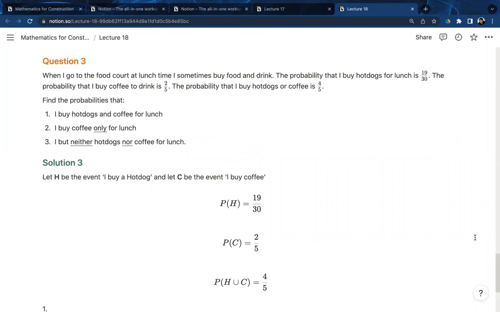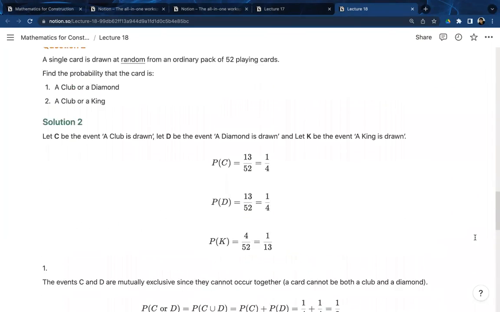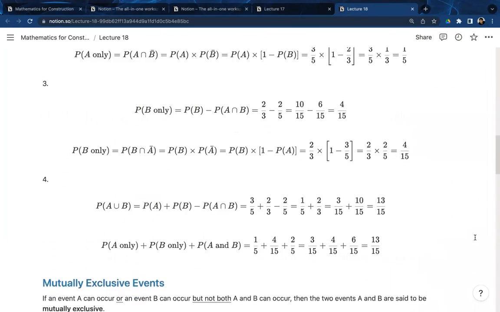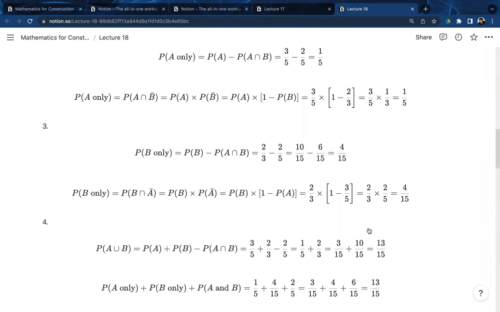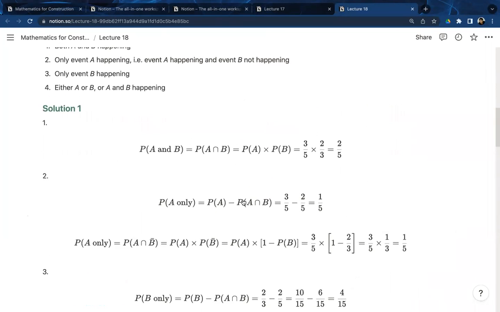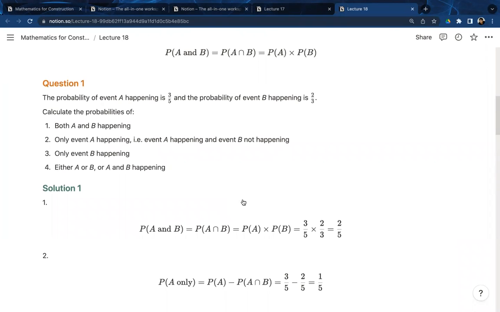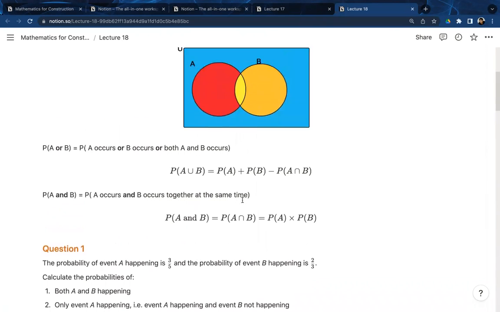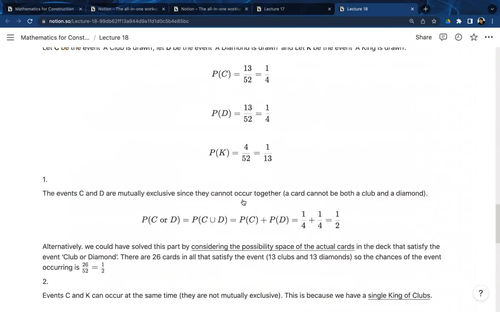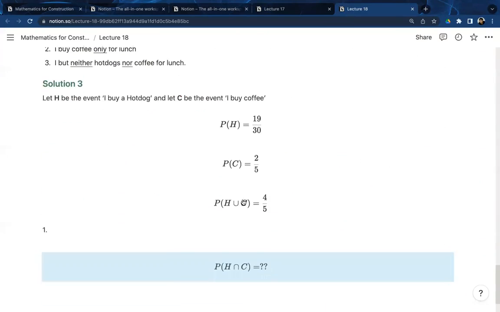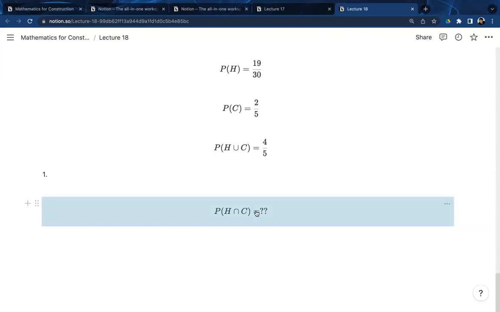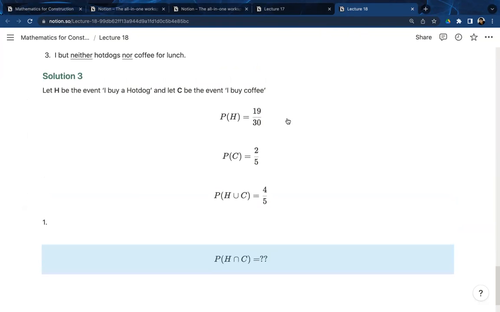If they didn't tell you and you're not sure, then you can't assume it. Any questions? Generally, you can't just multiply H by C.